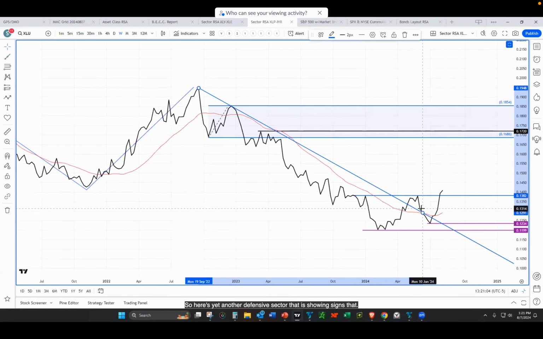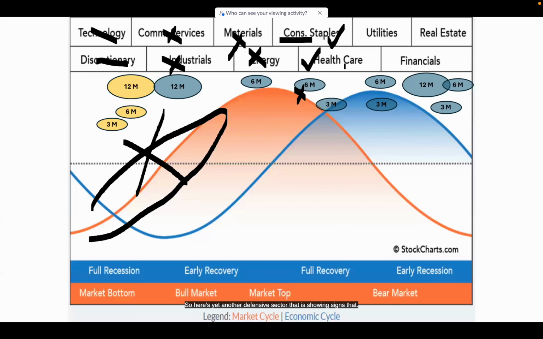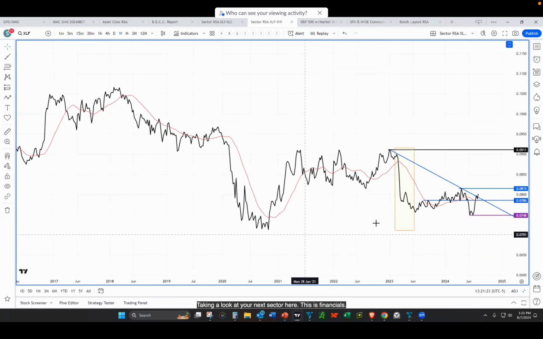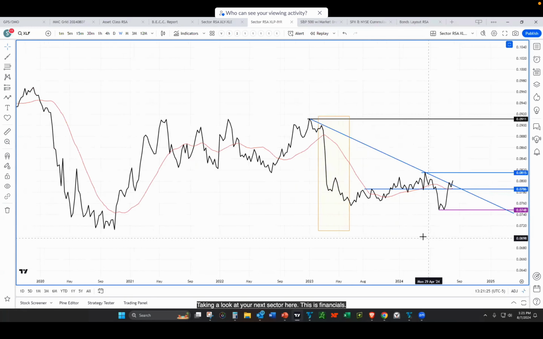So here's yet another defensive sector that is showing signs that it is outperforming. And so we would expect these sectors to outperform not during the bullish stage, but during the bearish stage of a market cycle. Taking a look at your next sector here, this is financials.